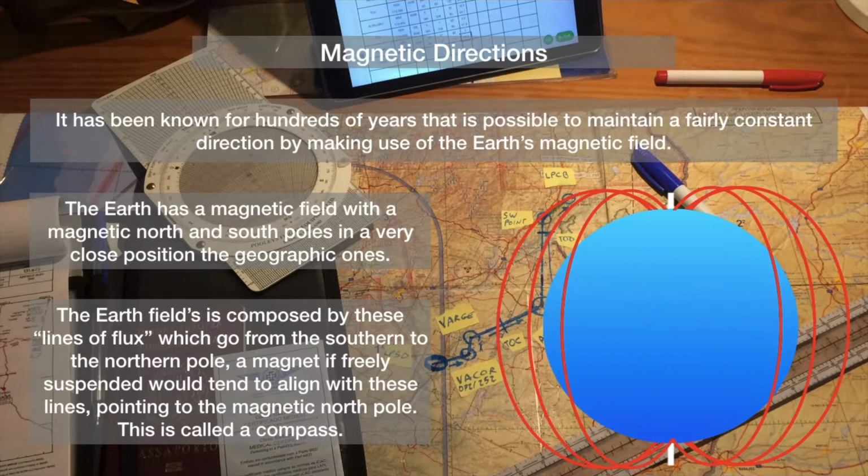If we were to hold a freely suspended magnet, it will tend to align with these lines, pointing to the magnetic North Pole, giving us the direction of the magnetic north, and therefore we can determine our heading, our course and our track. This instrument is called a compass.